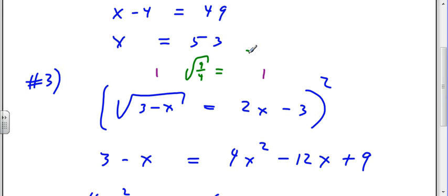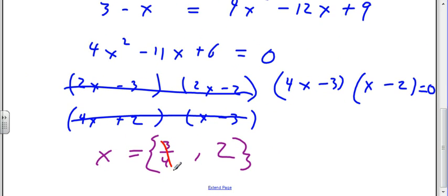That'd be 3 over 2 minus 3, which is minus 3 over 2. Is 3 over 2 equal to minus 3 over 2? No, because minus 3 over 2 is not equal to plus 3 over 2. So the bottom line is that answer doesn't check.